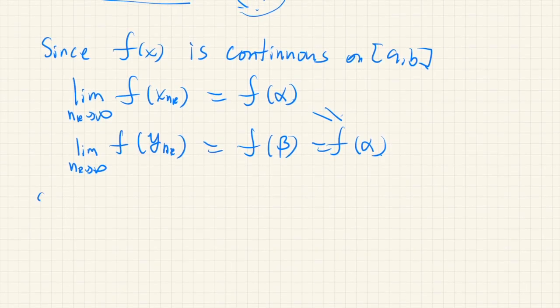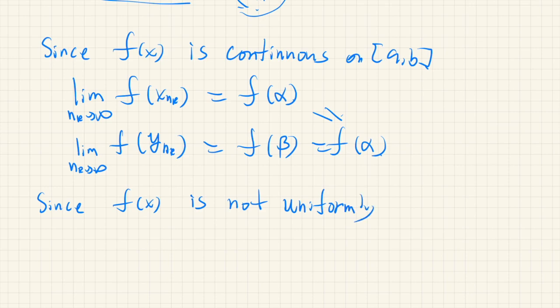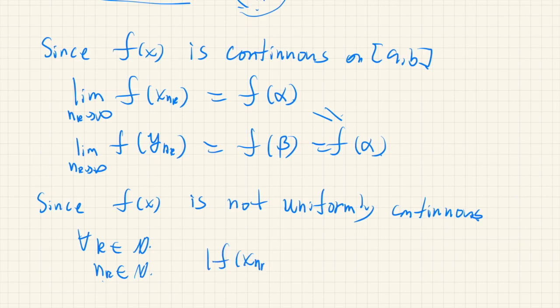However, on the other hand, since f(x) is not uniformly continuous by assumption, that means for any natural number k, for any n_k, we have |f(x_{n_k}) minus f(y_{n_k})| greater than or equal to epsilon.